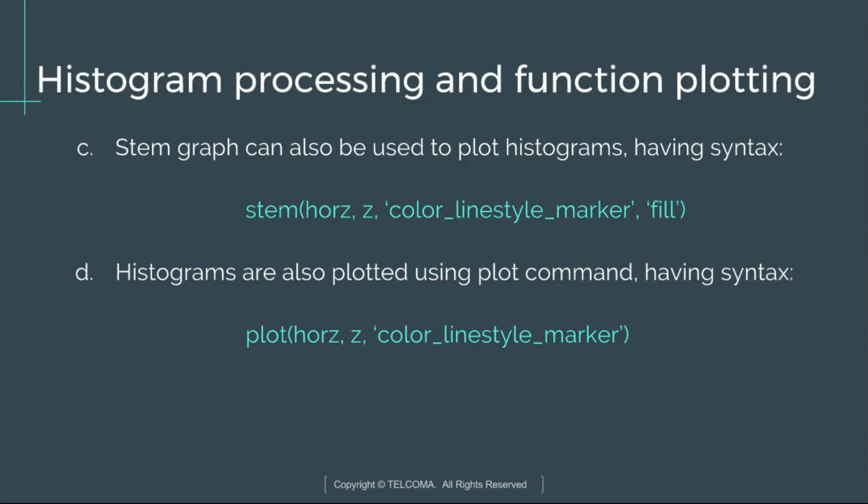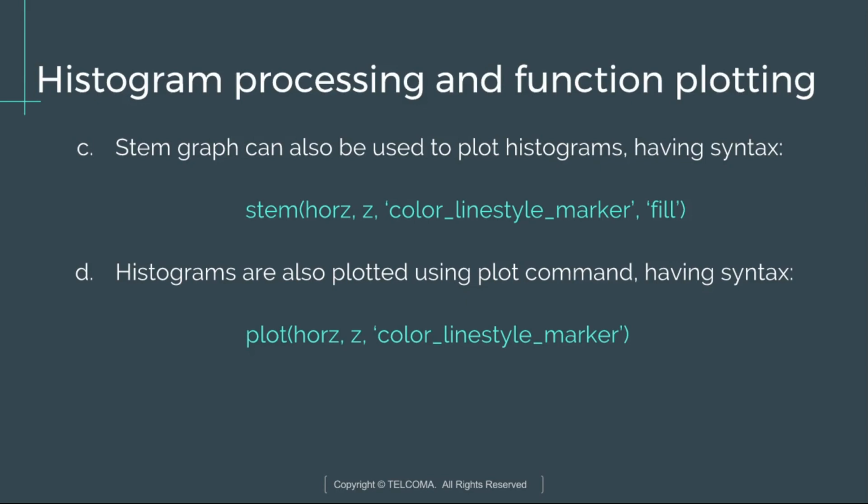A stem graph is similar to a bar graph, whose syntax is shown here as stem(horz, z, color_linestyle_marker, 'fill'), where z is a row vector containing the points to be plotted and horz is as described for function bar.